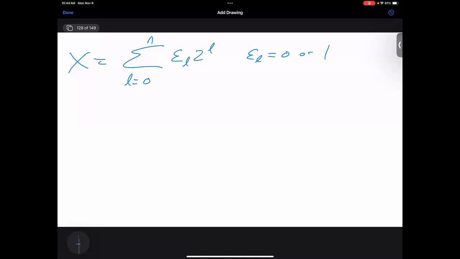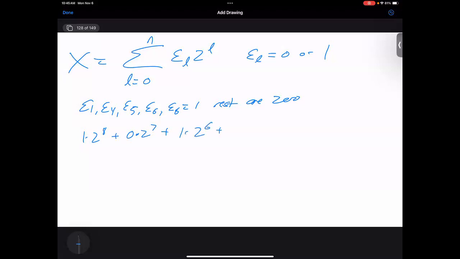And so let's imagine epsilon 1, epsilon 4, epsilon 5, epsilon 6, epsilon 8 equal 1, and the rest are 0. I could write this as 1 times 2 to the 8 plus 0 times 2 to the 7 plus 1 times 2 to the 6th plus 1 times 2 to the 5th plus 1 times 2 to the 4th plus 0 times 2 cubed plus 0 times 2 squared plus 0 times 2 plus 1 times 1.